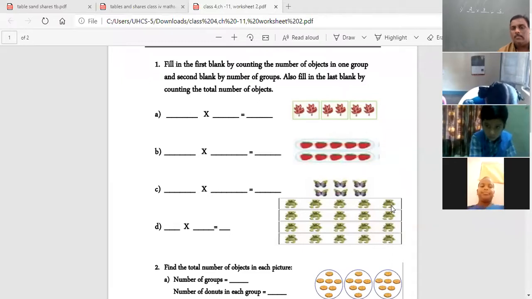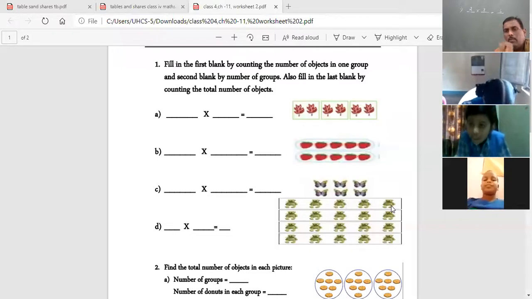In the second question, there are 2 groups. Each group has 5 elements.